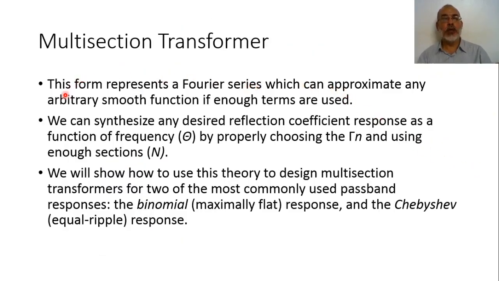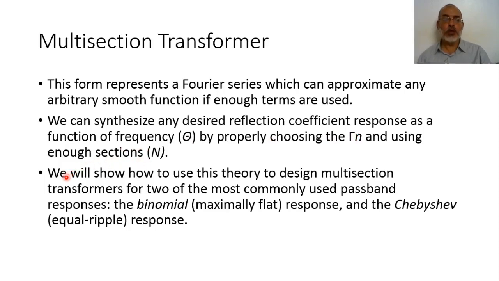Multi-section transformer. This form represents a Fourier series which can approximate any arbitrary smooth function if enough terms are used. We can synthesize any desired reflection coefficient response as a function of frequency theta by properly choosing gamma n and using enough sections n.